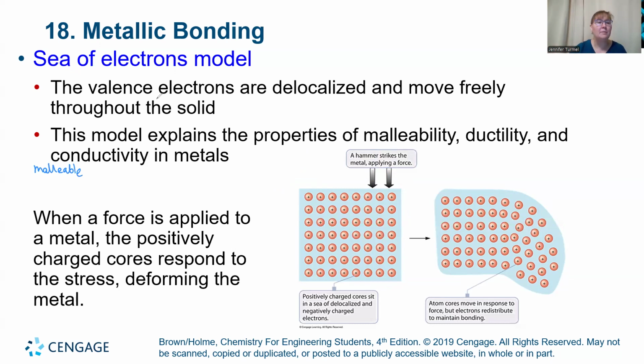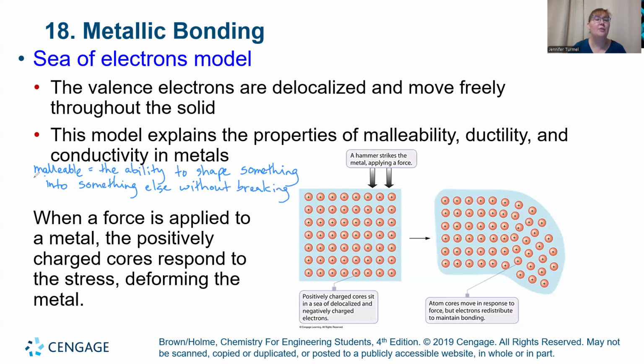Malleable, or malleability, is the ability to shape something into something else without breaking. So that's what malleability means right here.